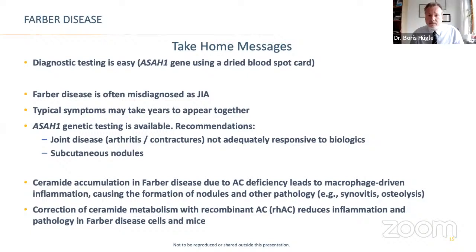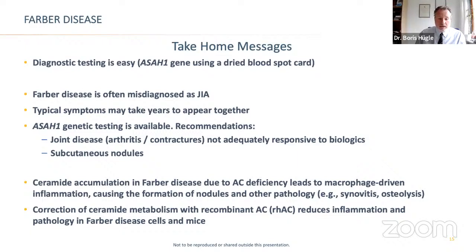So there are several take-home messages, but this is the first take-home message, that Farber's disease is often misdiagnosed as JIA. The typical symptoms can take quite a long time to appear. They do not necessarily have to appear together. And you can fairly easily test for the disease with ASAH1 genetic testing.